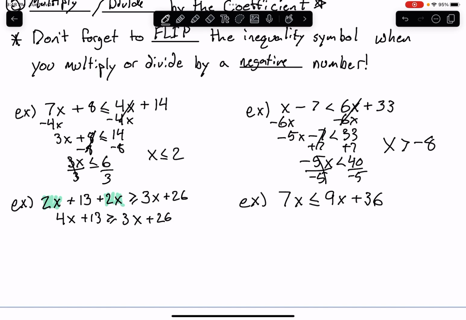Move your variables to one side. I like to move them to the left. Minus 3x, x plus 13 is greater than or equal to 26. Subtract 13, and x is greater than or equal to 13.